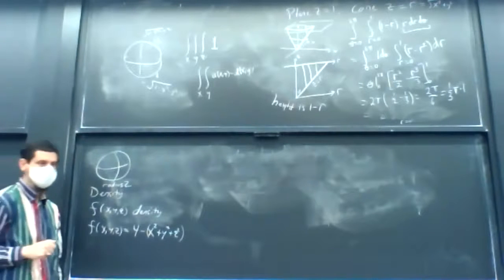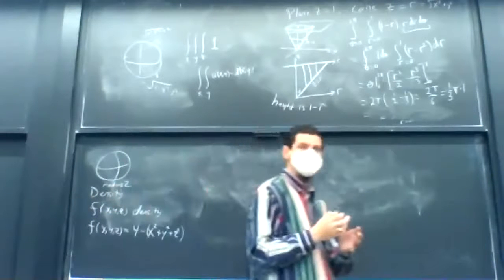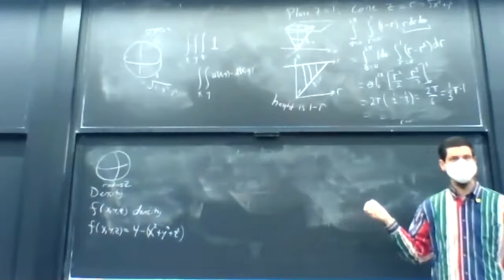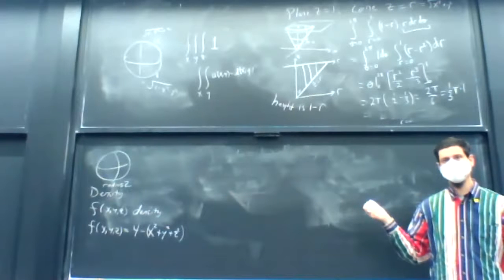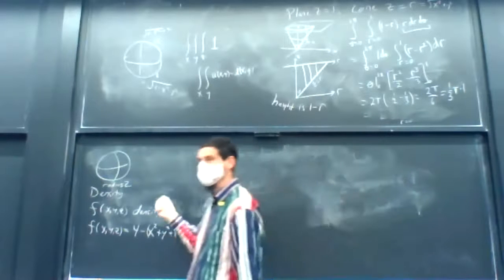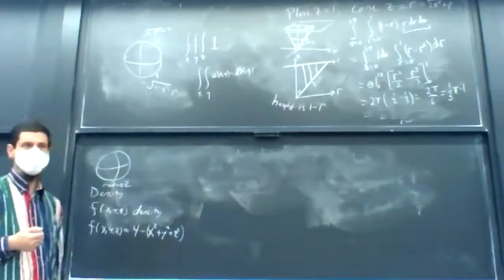So I'm basically assuming that it's more dense towards the center and less dense as you get towards the surface. Does that seem reasonable? I think it seems reasonable. Whether or not it depends nicely like this, that's another story.